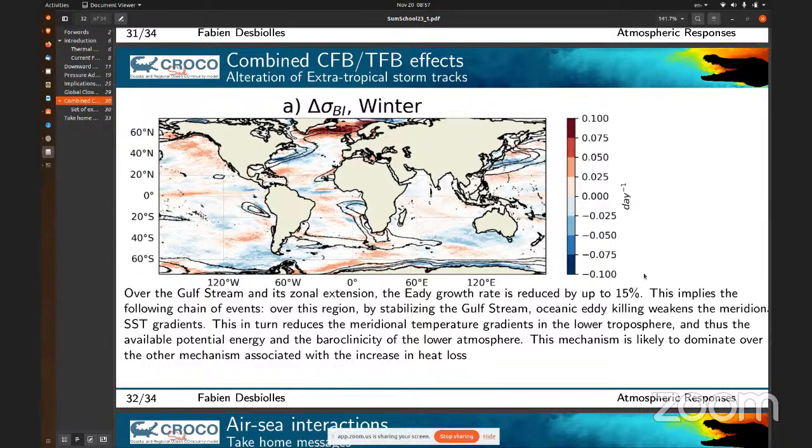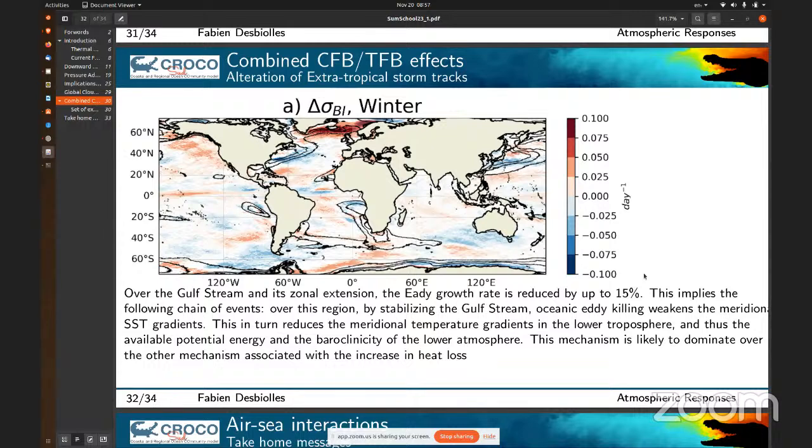Yeah, so here we have the eddy growth rate, which is a nice variable that shows how fast an atmospheric front can grow, how far, and this is a nice thing to plot, for example, for the activity of the storm track.